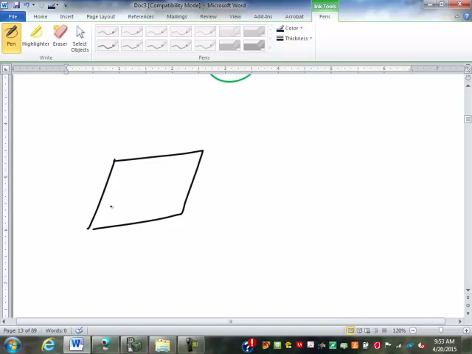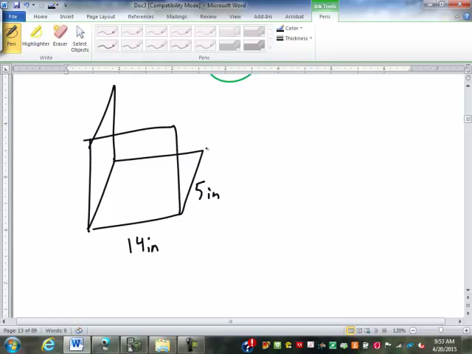Okay, so on this one, let's say that this is 5 inches by 14 inches by 15 inches. Find the volume of that for me. So what'd you get?